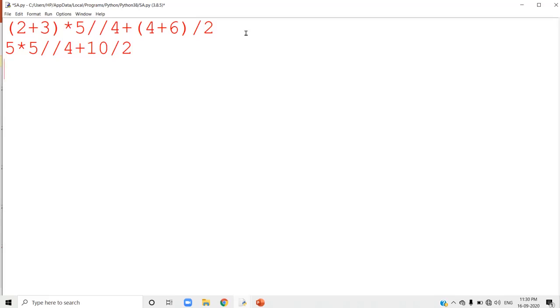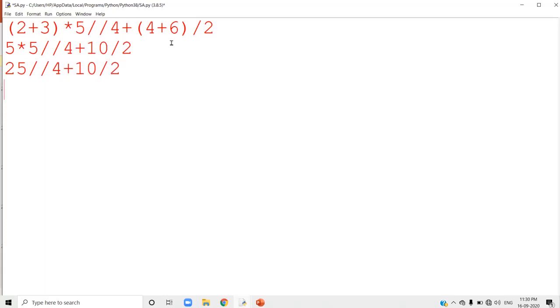If multiple operators are there, the leftmost operator will be evaluated first. So I am going to evaluate 5 into 5, which gives 25. Again, I'll write the remaining operators as it is: divided by 4 plus 10 division 2.